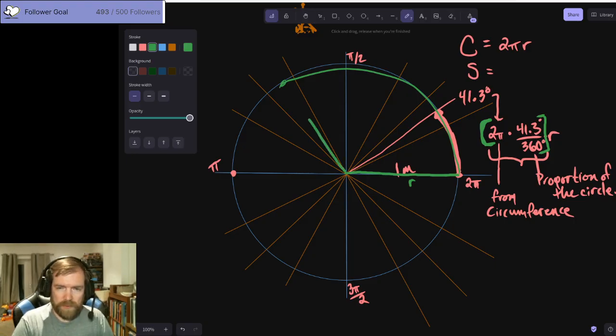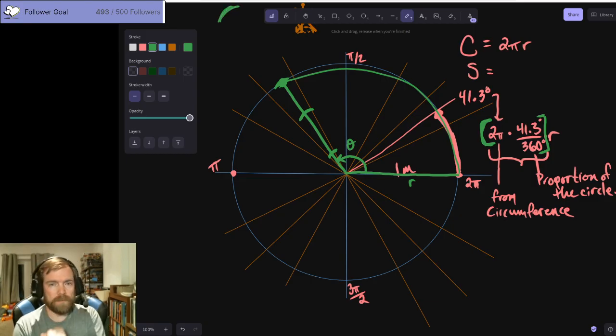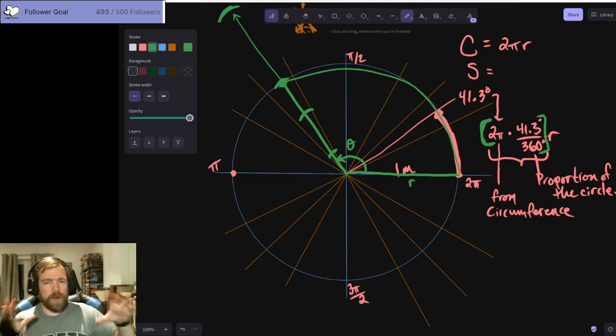So if we were to draw in this line for this particular angle, and we say, okay, this is going to be our theta, it doesn't matter if the circle is here, or here, or here, or 20 miles out that way, the properties of the angle that we have here are going to be the same. The distances that we're going to talk about are all proportional to each other. That's what's going to really matter.